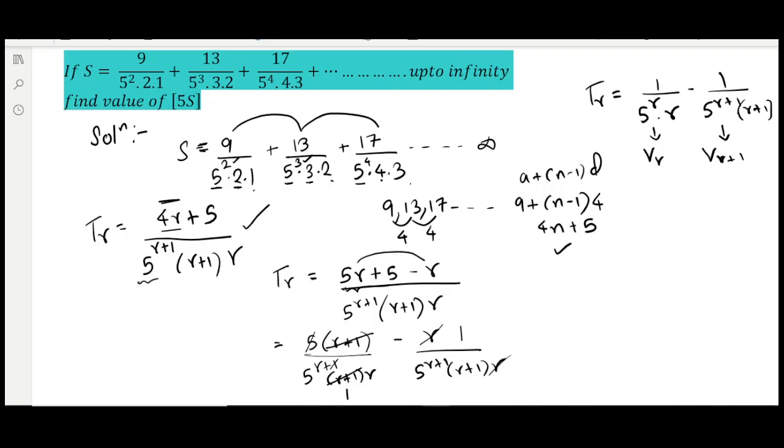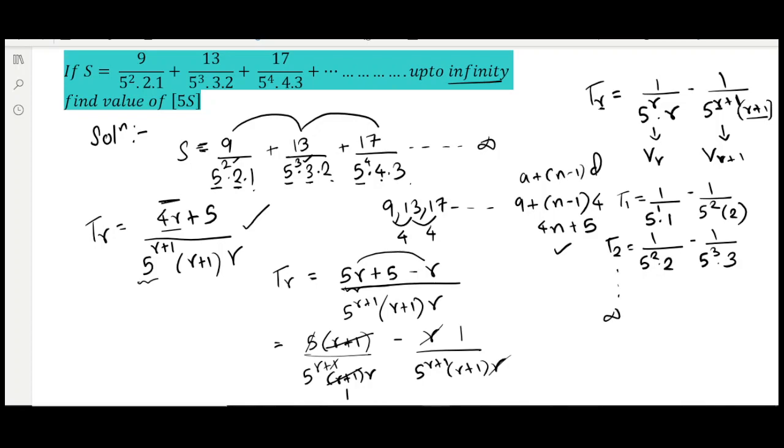Now we have to find out the summation up to infinity. So T1 would be 1 upon 5 raised to power 1, put r equal to 1 here, and this will be 5 square into 2. Then T2 would be this term, 5 cube into 3, and so on up to infinity, right?